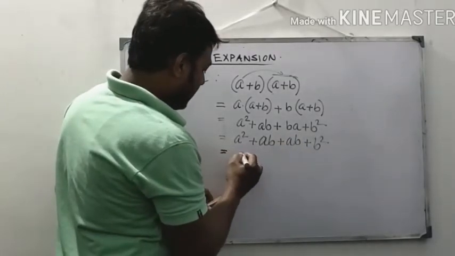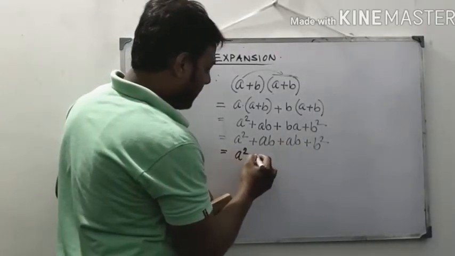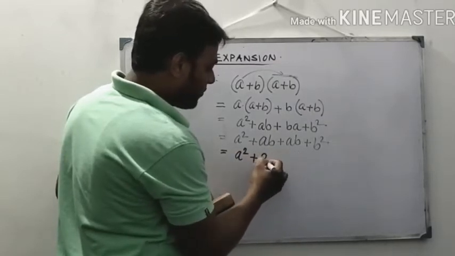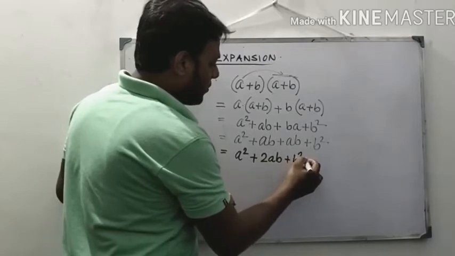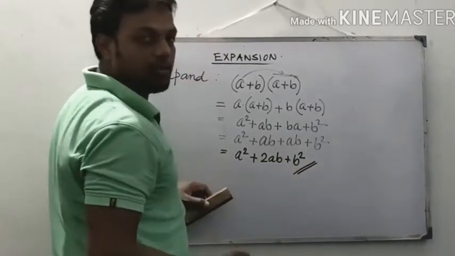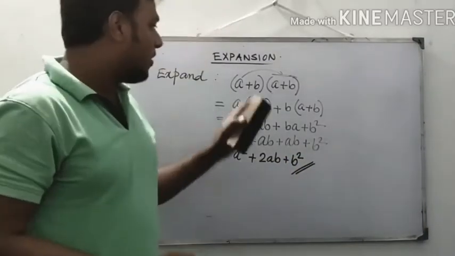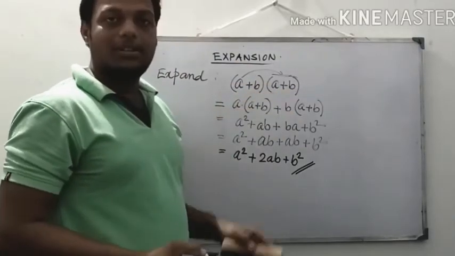After simplifying, a square plus 2ab plus b square, since those are like terms. This is the simplified or expanded form of (a plus b) into (a plus b).